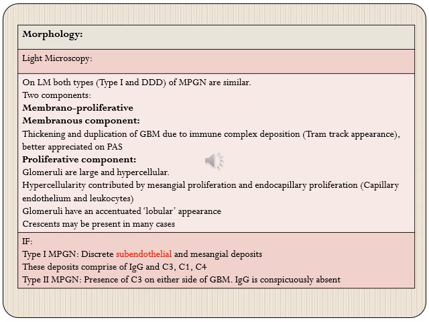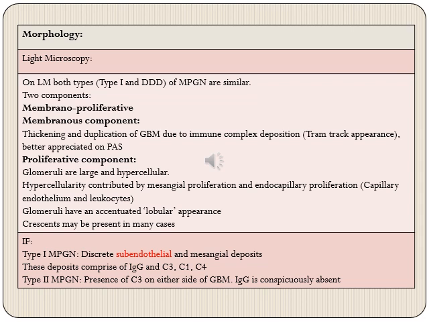On immunofluorescence, we have a slightly different appearance. Type 1 membranoproliferative glomerulonephritis along with the secondary type have discrete subendothelial and mesangial deposits. I have highlighted subendothelial because till now, in all the forms of glomerulonephritis where we discussed deposition of immune complexes, almost all of them were on the subepithelial side.